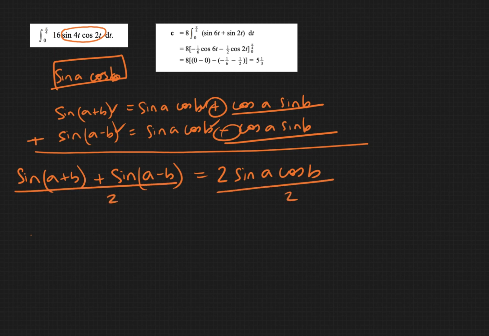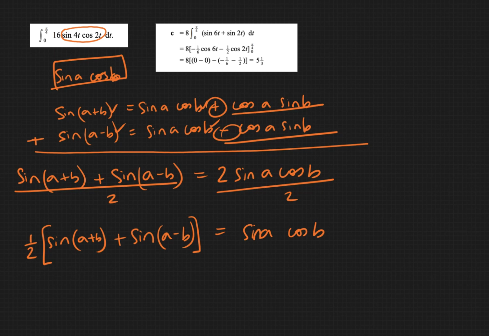A nicer way to write this is half of sine A plus B plus sine A minus B is equal to sine A cos B. Let me just tidy that up a bit.